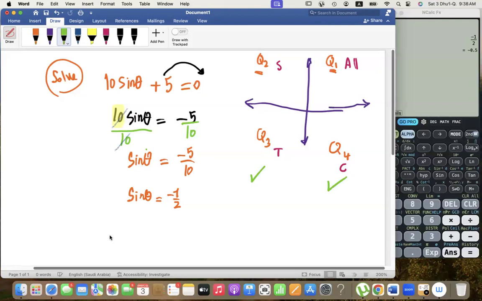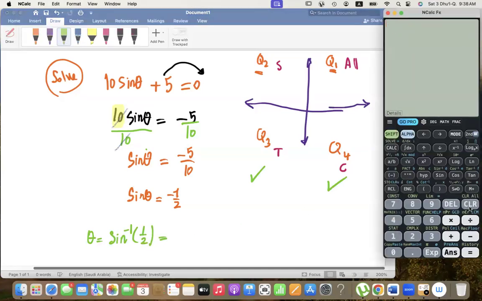Let's now get the reference angle, theta, the positive angle. I'm going to work on the positive angle first. To get my theta, I'm going to press shift sine minus 1 for the positive value, which is half.